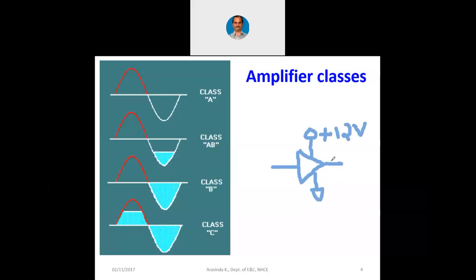So, the collector of the BJT will be kept at plus 6 volts. Now, you will have to visualize that inside this amplifier there is a resistor at the collector, and the collector is at 6 volts. That means there is a resistor RC. Now, across RC there is 6 volts.